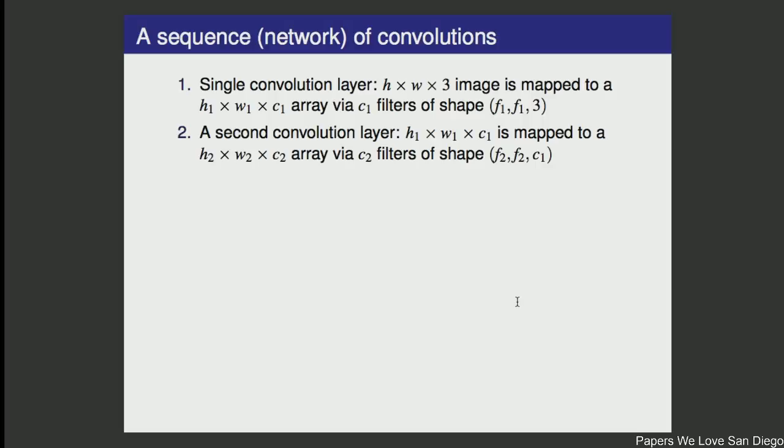So if I have 100 filters that I ran over my original image, the output is going to be 100 new arrays. So if I want to apply convolution to that, I have to have filters that have depth 100. I apply that, and it produces new arrays. And then we just keep doing this.